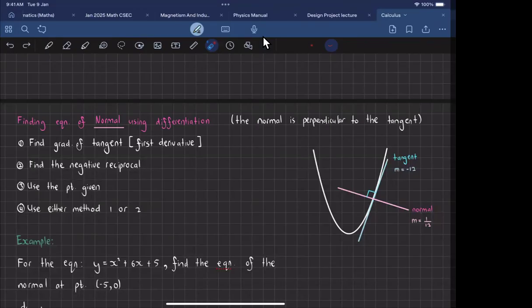Okay, Aliyah, the tangent is not equal to -12.